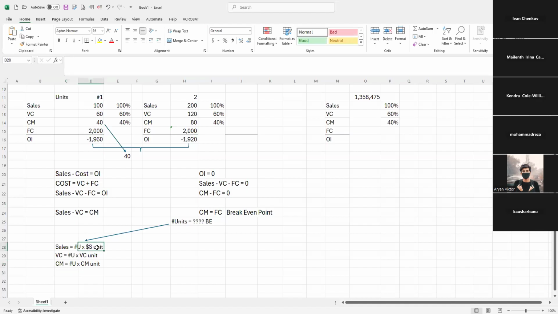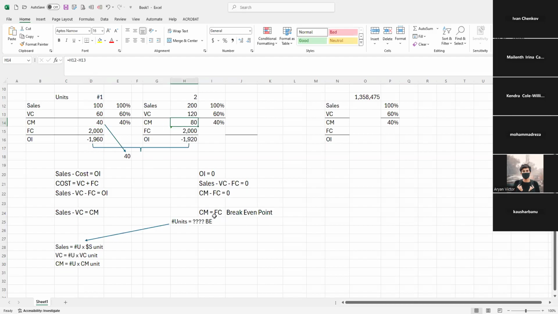Because sales price per unit minus the variable cost per unit is going to give me the contribution margin per unit. So if I want to get the total contribution margin, what do I have to do? See how many units I'm selling, times the contribution margin per unit. It's going to give me my contribution margin.